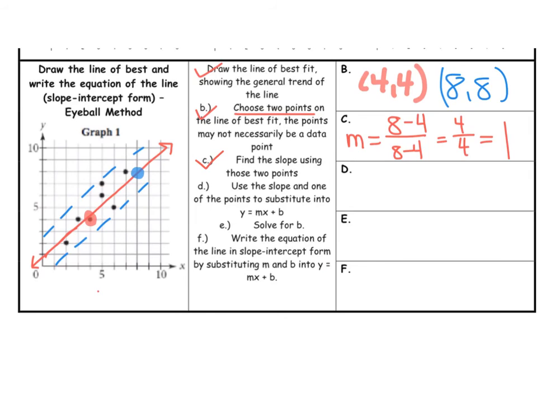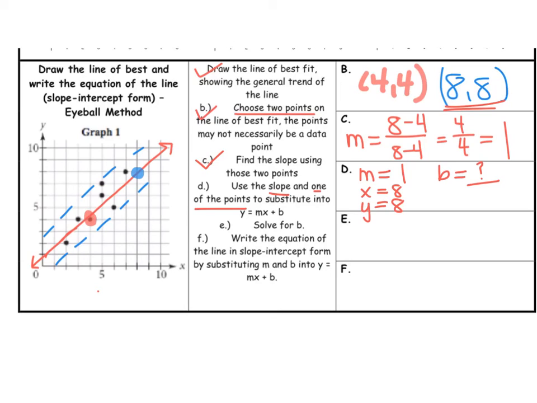Part D, we're going to use the slope and one of the points and substitute it into y equals mx plus b. So this is what we did in class the other day when we were reviewing for the quiz. The slope was 1. It doesn't matter which point you pick. I'm going to pick this point right here where x is equal to 8 and y is equal to 8. And now we have to find out what b is.